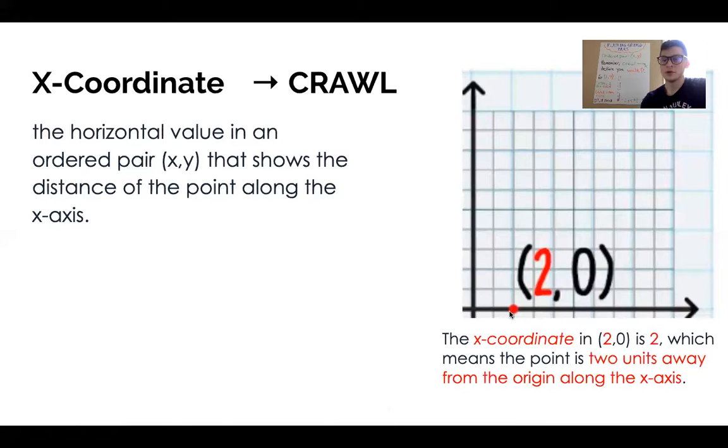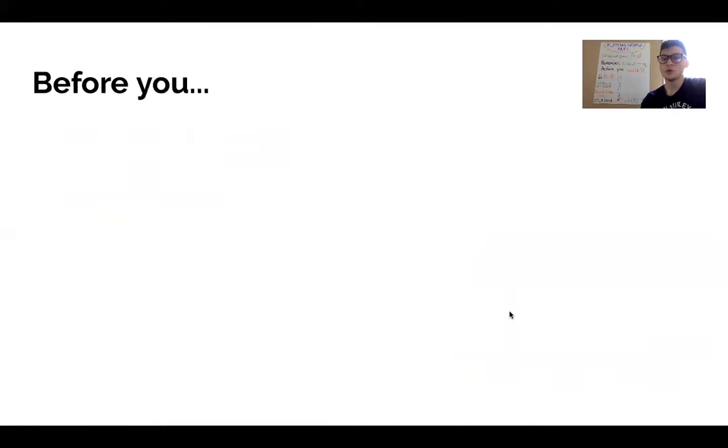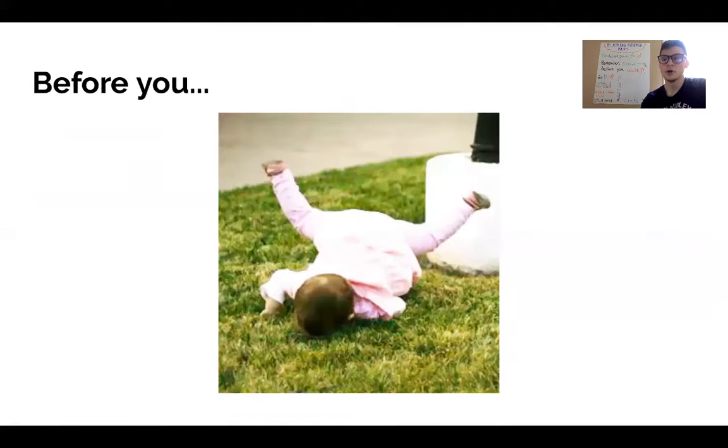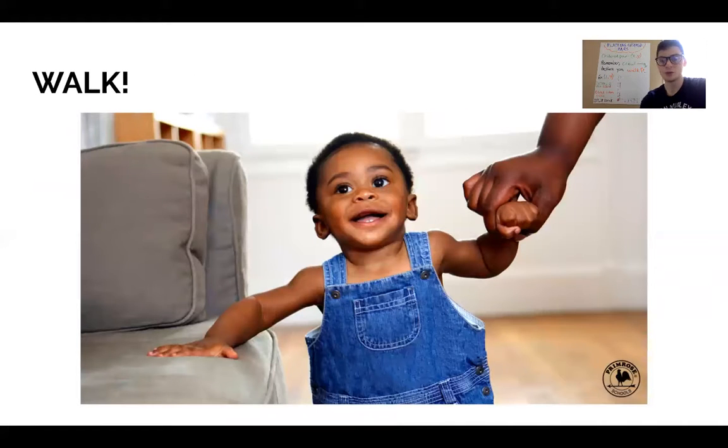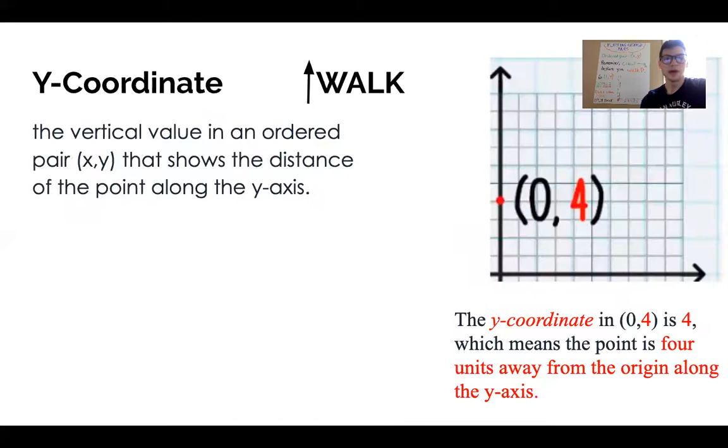Now again, remember, you crawl before you walk. Happy little baby. So you crawl before you walk. Now that we've learned to crawl, we're going to learn to walk. The walk is the y coordinate of your ordered pair, the vertical value.